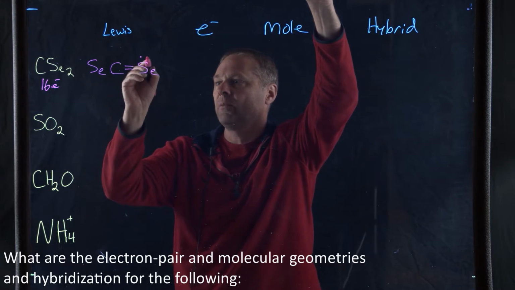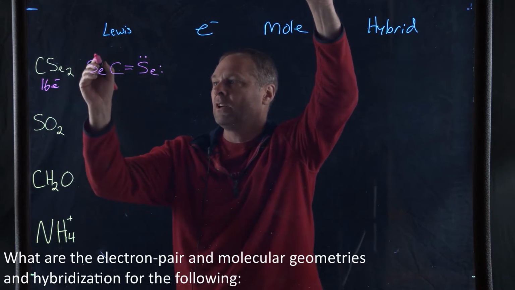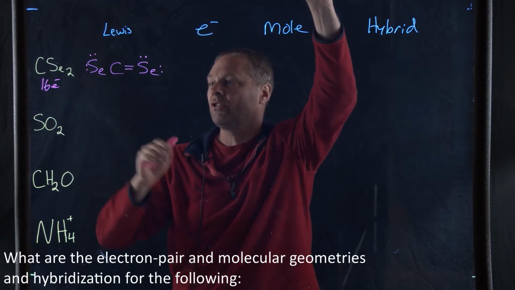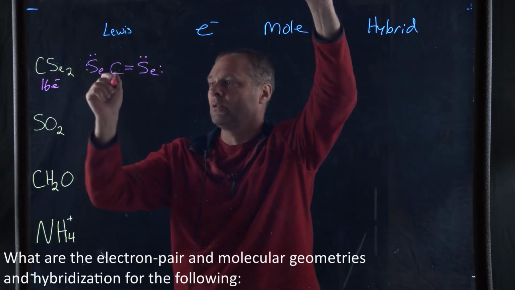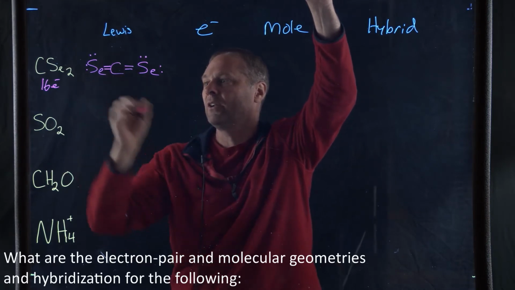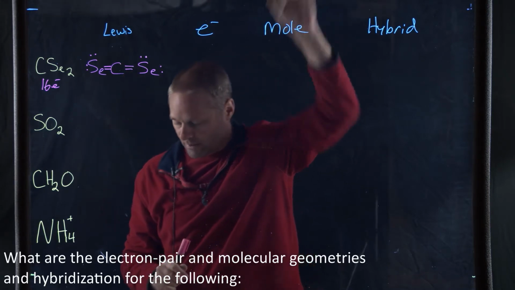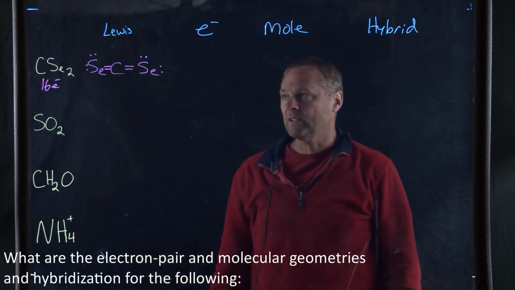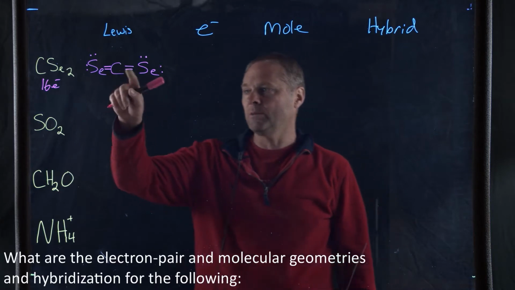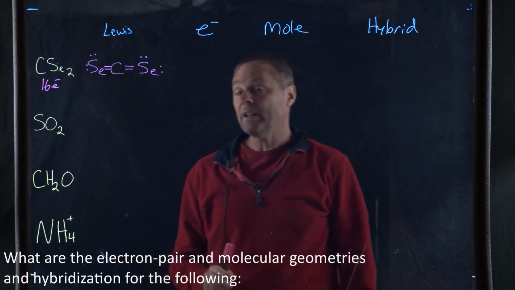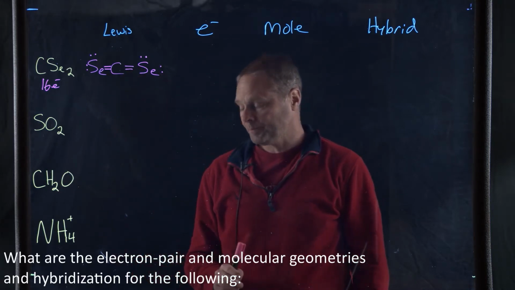As such, we fill in the lone pairs of electrons. Oops, forgot the double bond there, sorry. There's 8 electrons here, 8 electrons there, so that's going to be the Lewis dot structure. So the carbon is going to be double bonded to each selenium.